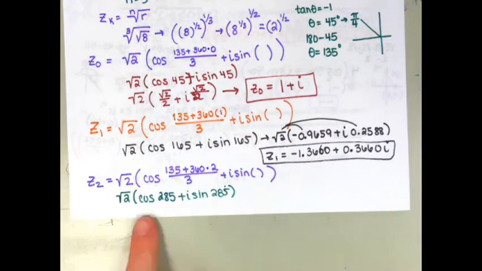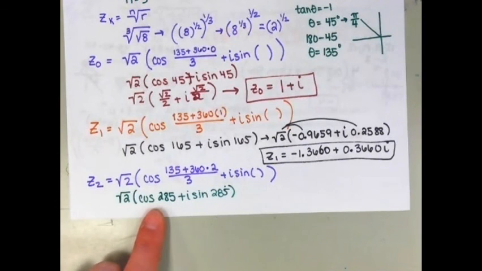Now, if I go in my calculator, cosine of 285, well, let's think of 285. That's greater than 270. So what's 360 minus 285? This would be in quadrant 4. Is that a special right? No, it's not, right?